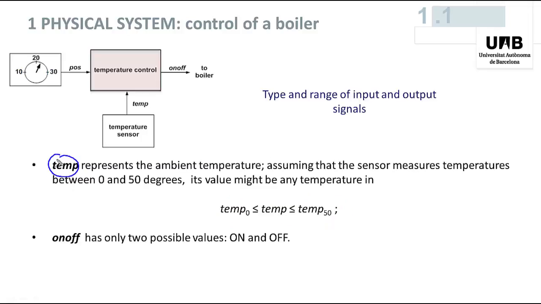Signal temp represents the ambient temperature measured by the sensor, assuming that the sensor is able to measure any temperature between 0 and 50 degrees, its value belongs to this range of values. Finally, the on-off signal, output signal, has only two possible values, on and off.